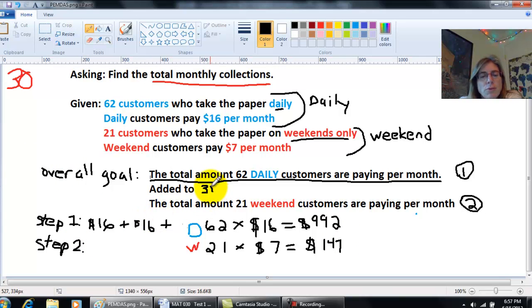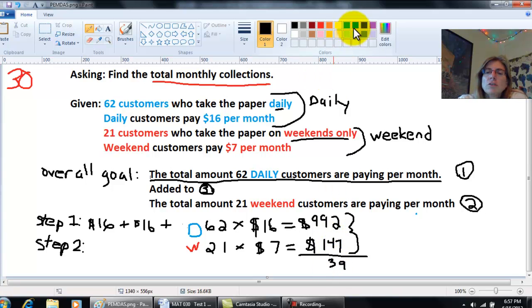Now we're going to step 3, where we're going to add these two totals together to get the total monthly collections from both a daily customer and a weekend customer. So that's simply adding these two totals, and we could probably just stick a line there. 7 plus 2 is 9. 9 plus 4 is 13.